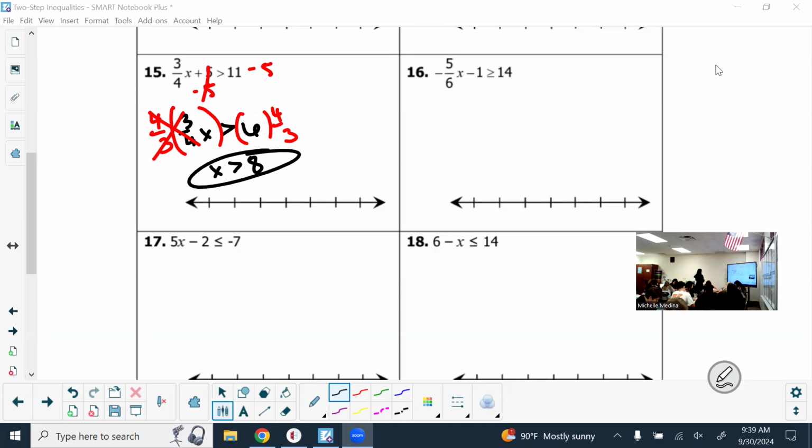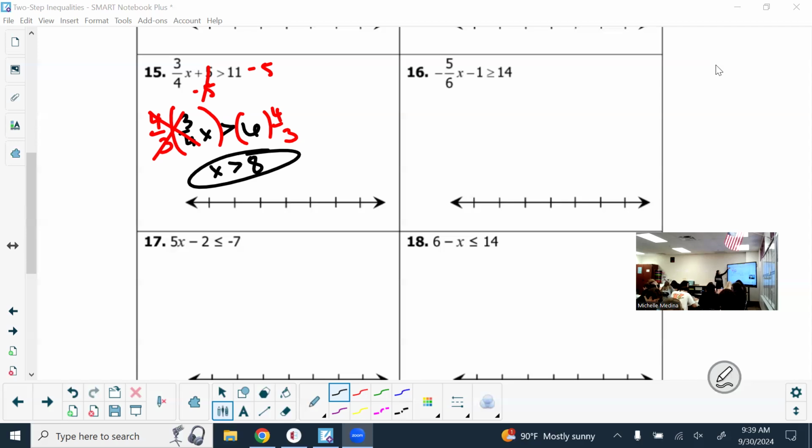You always have to get rid of what's farther from the x, and do what you need to do to make it cancel. If I subtracted 5, make that 5 go away. Whatever you do on one side, you do to the other. You never have to worry about flipping the sign when you subtract, but anytime you're doing things on both sides of the symbol, just check: did I do one of those 2 things that make me flip the sign?